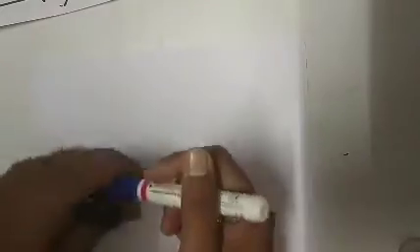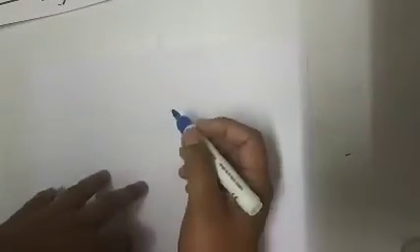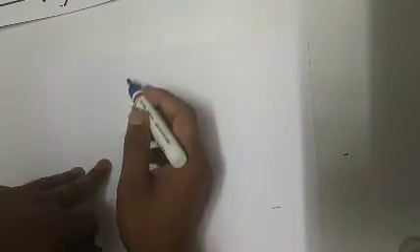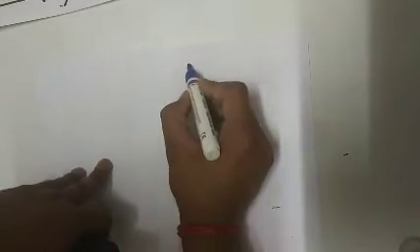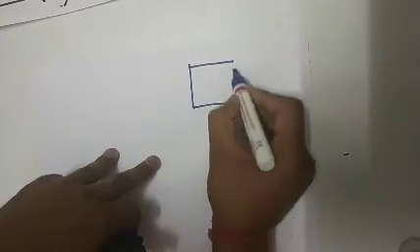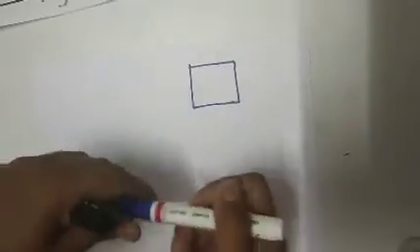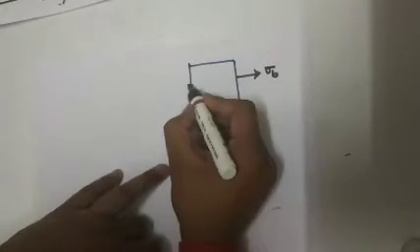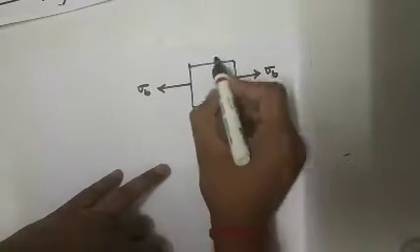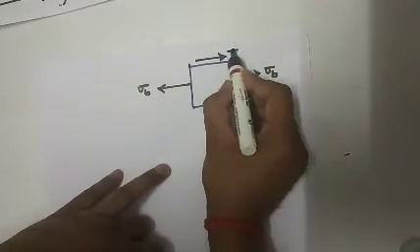Here the loading of the shaft creates a uniaxial stress system accompanied with a shear. The stress system will be like this: bending stresses acting along the length, in the longitudinal direction, and tau acting along the cross section.